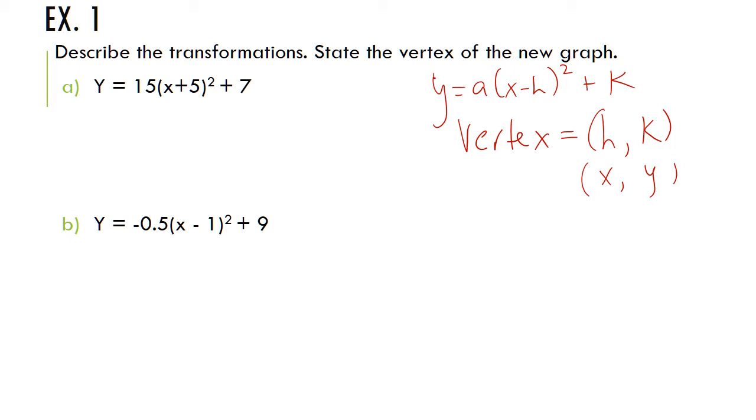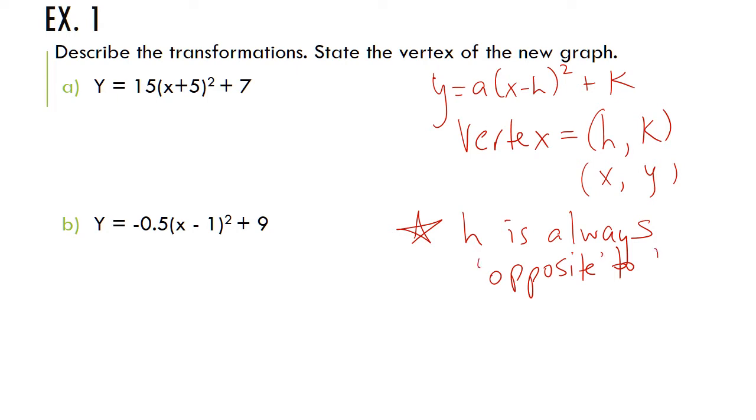So one important point here, I like to think of it this way: h is always "opposite" to how it appears. So the x coordinate of the vertex is always opposite to how it looks in the equation. I'm not going to go into too much depth on why that is, but if you remember that simple rule, then you're going to be A-okay.